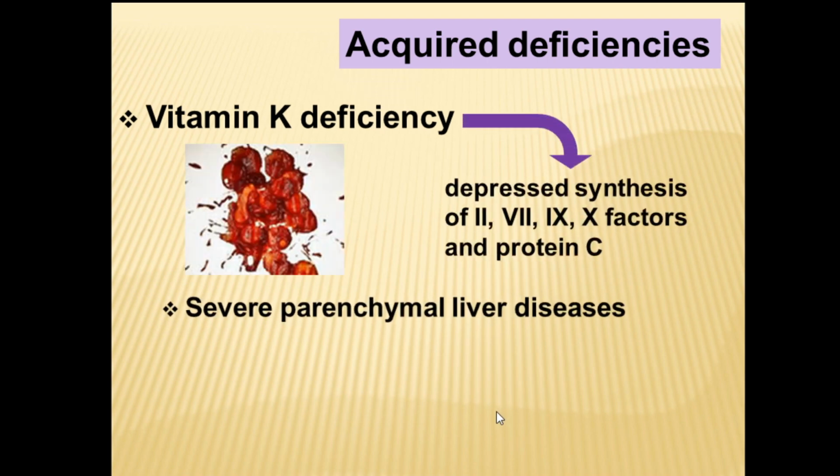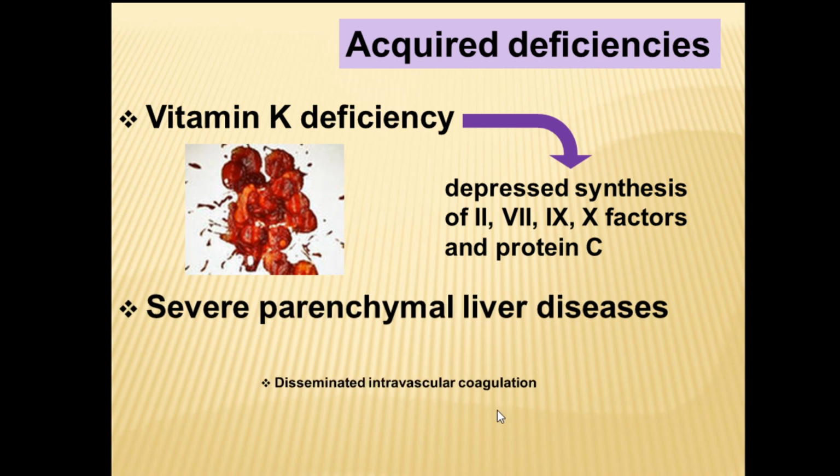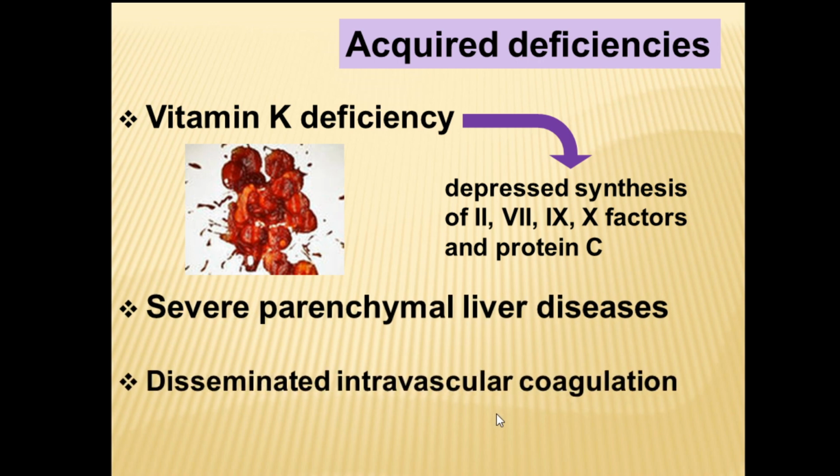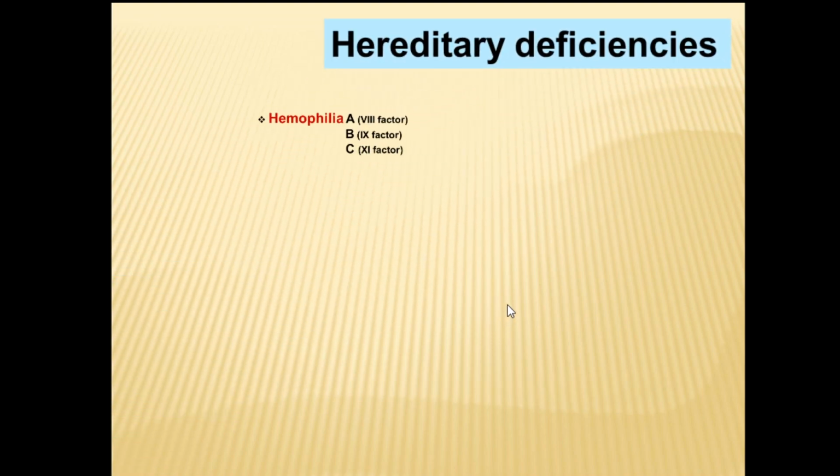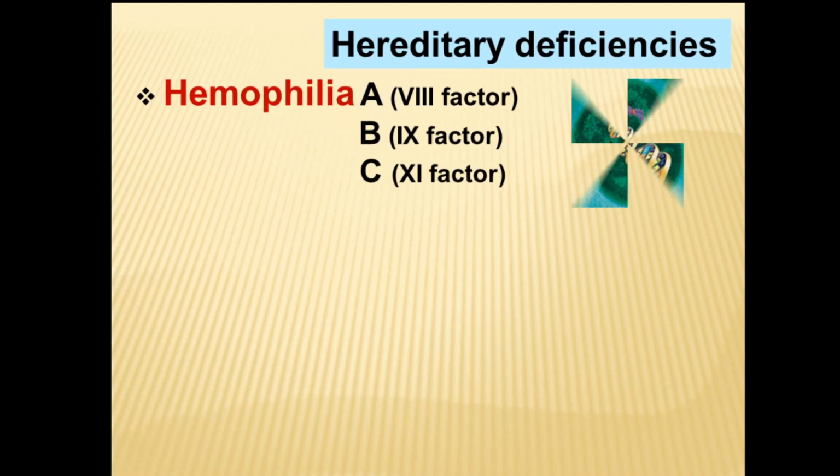If we are talking about acquired affection of clotting factors, it appears due to deficiency of vitamin K, due to pathology of the liver, which takes part in hematopoiesis, as a result of disseminated intravascular coagulation.